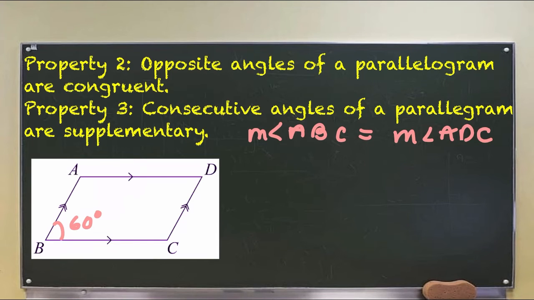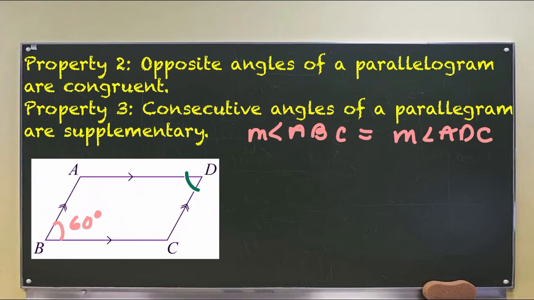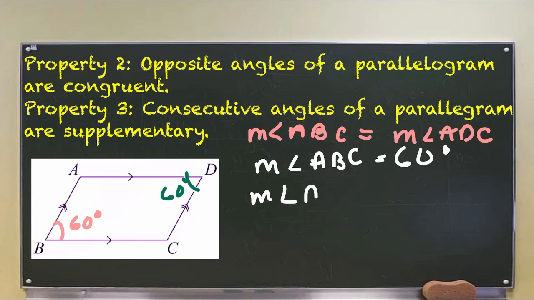Therefore, ang measure ng angle ADC ay 60 rin. So, we write that down. M angle ABC equals 60. Therefore, M angle ADC is also 60 because they are equal. Now, we solve for the other angles.